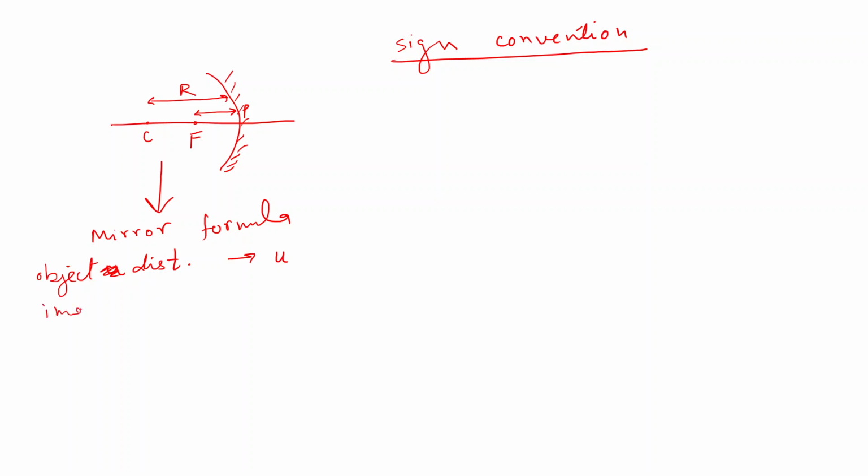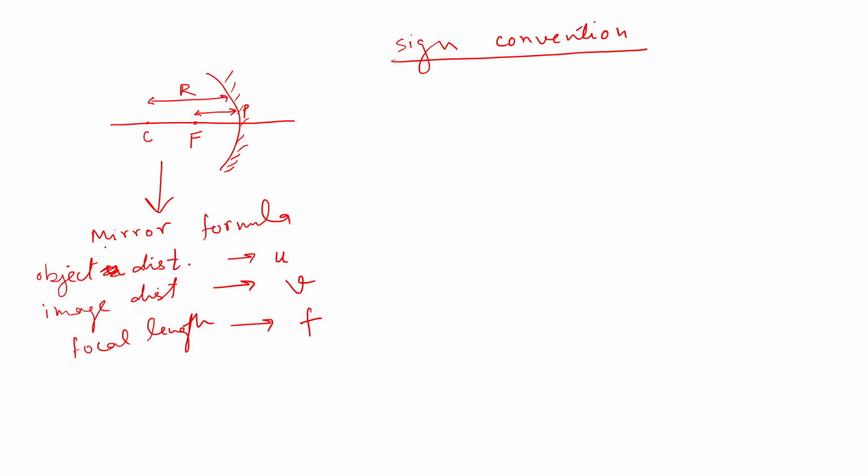The image distance that is formed, we denote by small v, and the focal length, which is the distance of the focus from the pole of the mirror or lens, we denote with small f.